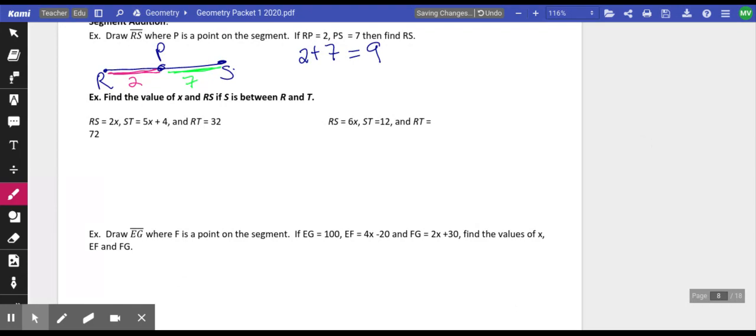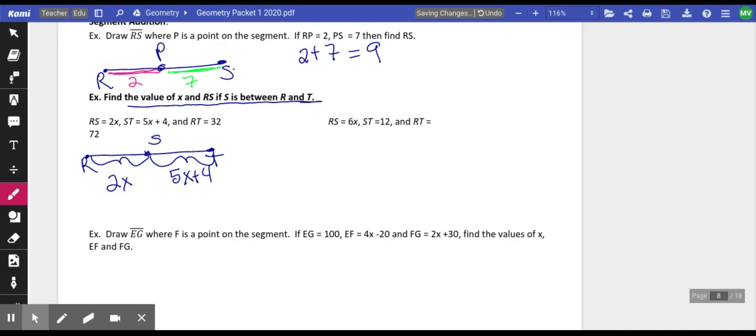So if RS is 2x, we find the value of x. If S is between R and T, I always like to draw it first. So we have RT and S is here in the middle. RS, this part, is 2x. ST is 5x plus 4.